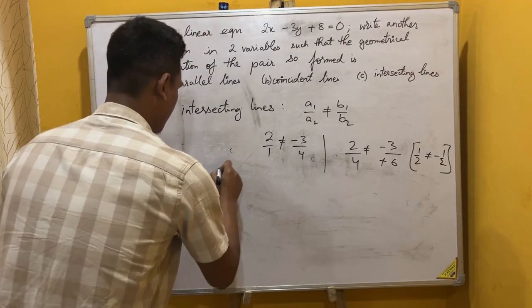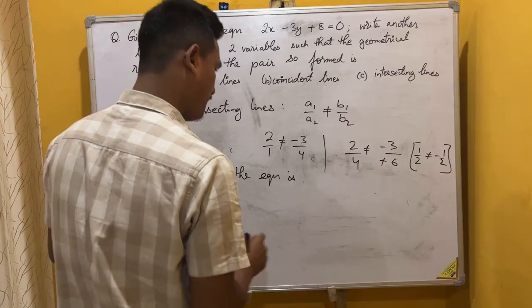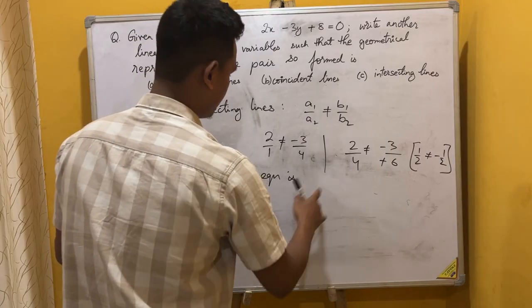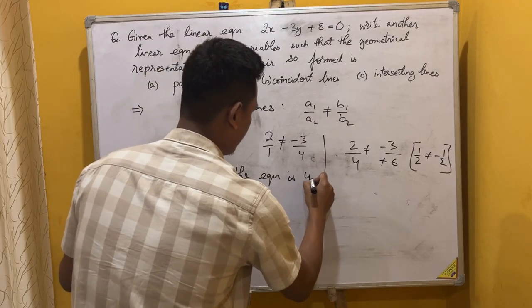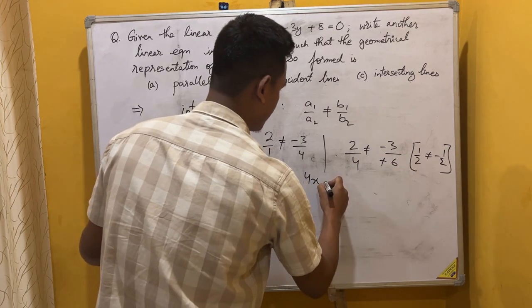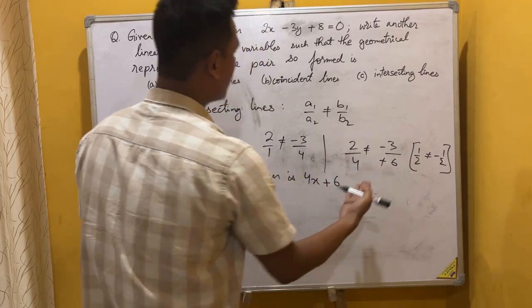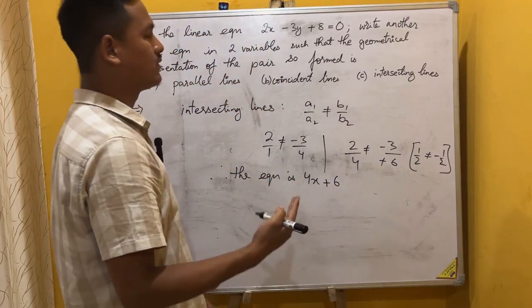Therefore, the equation is: this is the coefficient a2, 4x, this is the coefficient plus 6y. And what about c? C you can choose any number.